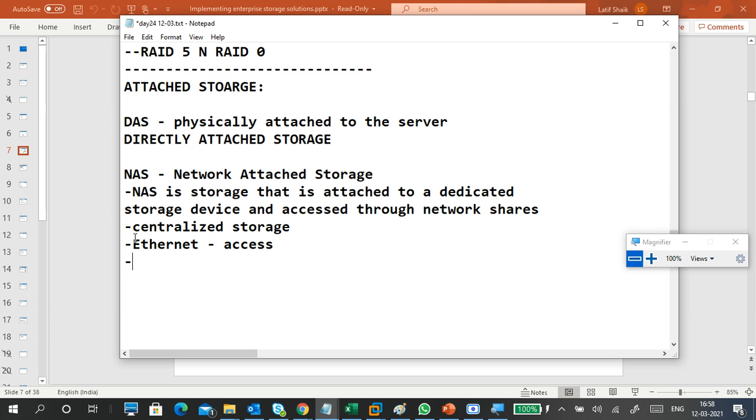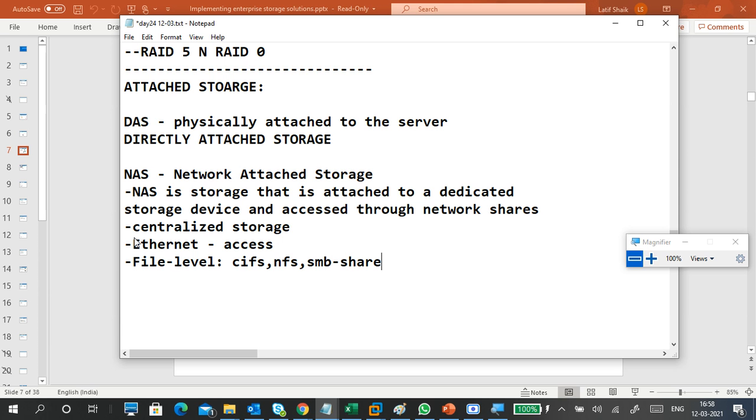We are using normal cables only. It's a file level storage which uses protocols like CIFS and NFS. Like Samba services, SMB share; normally in the latest systems, sharing is called an SMB share.